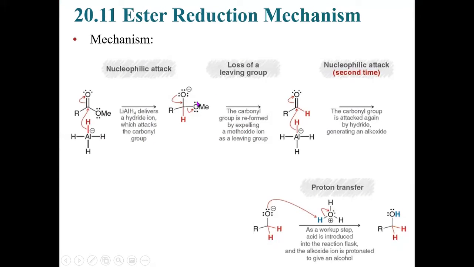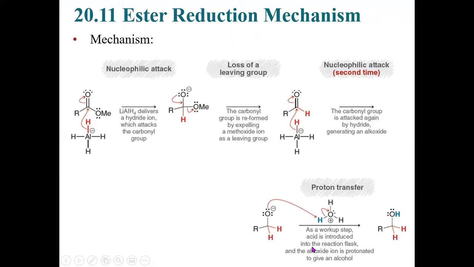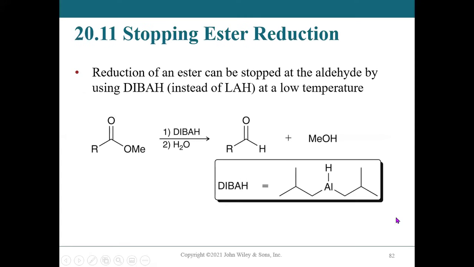So this is methoxide, and we produce this intermediate aldehyde. The carbonyl group is attacked again by hydride, generating an alkoxide. This alkoxide is protonated to produce the final alcohol.